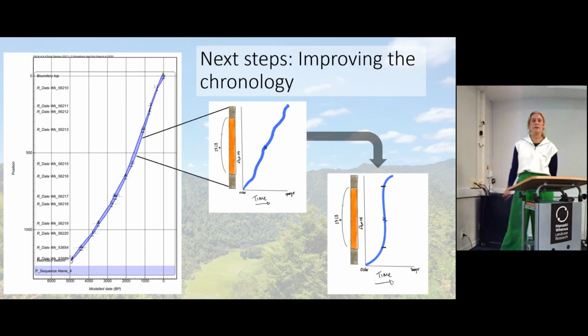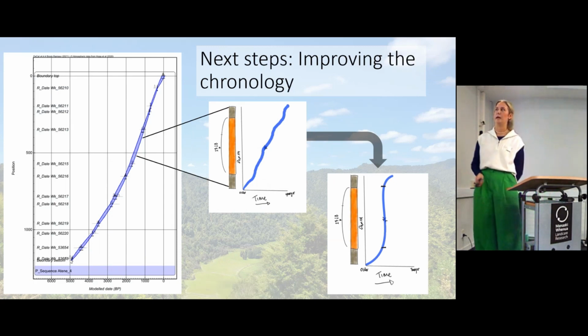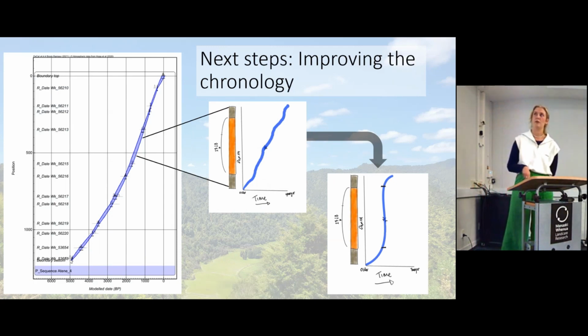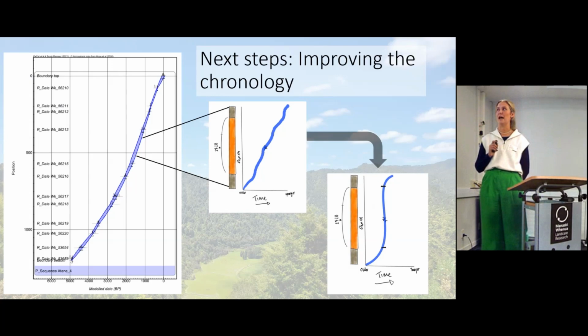One of the things that I need to fix before I can move this through to publication is my chronology. Chronology, or our understanding of time, forms the backbone of these kinds of studies. The chronology that I have at the moment is really good. We have a lot of radiocarbon dates. We've got this really nice straightforward chronological diagram.